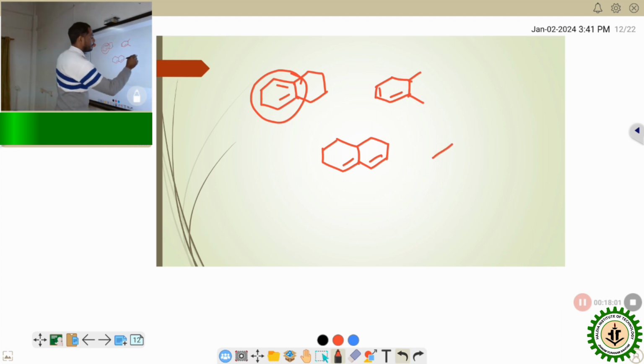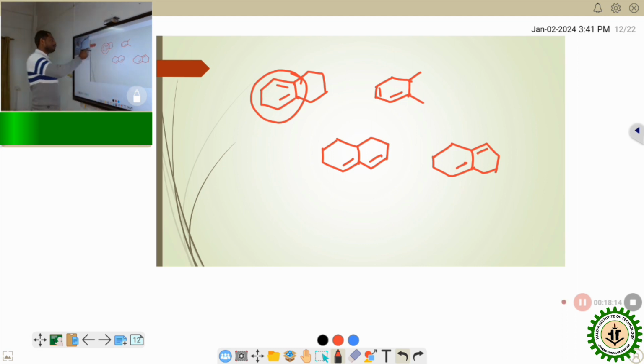So this is a heteroannular system. When two double bonds are present in the same ring, this is known as a homoannular system. When two double bonds are present in different rings, ring A and ring B, this is known as a heteroannular diene system.